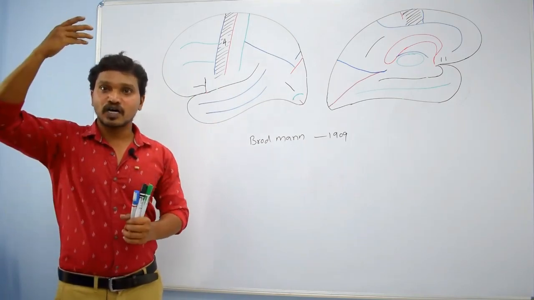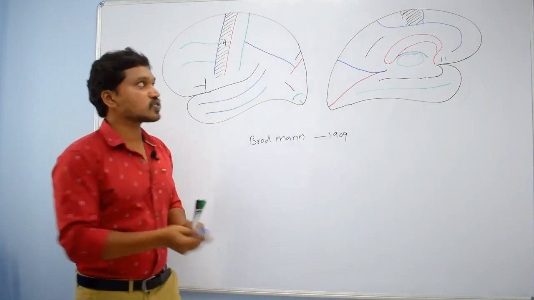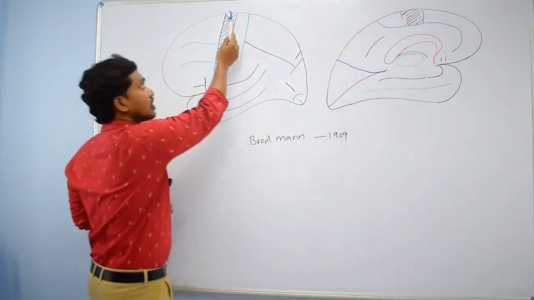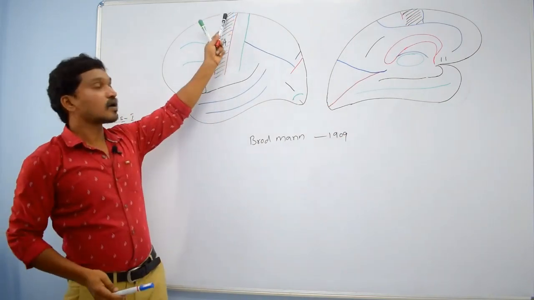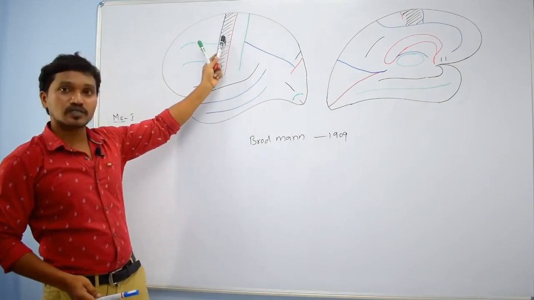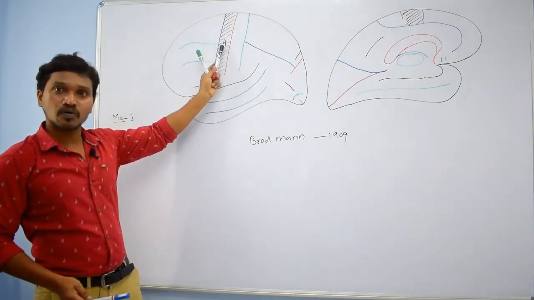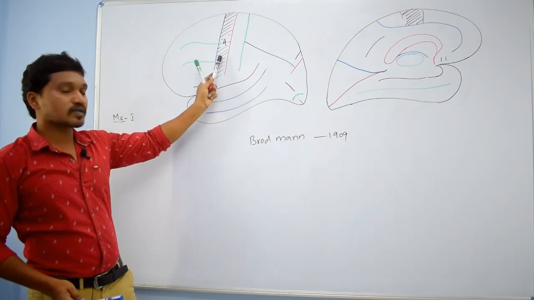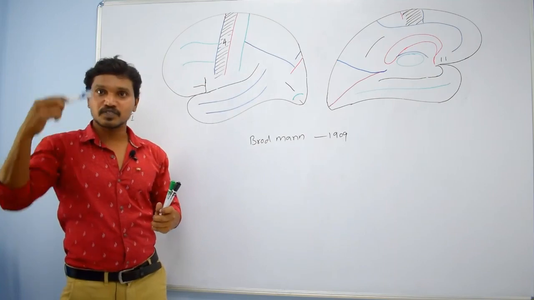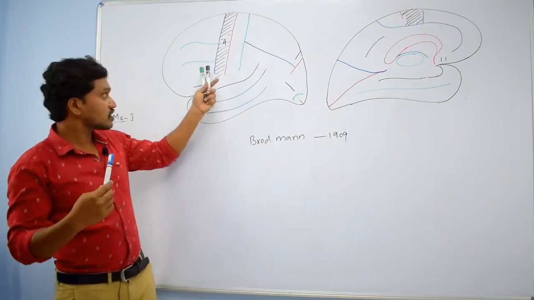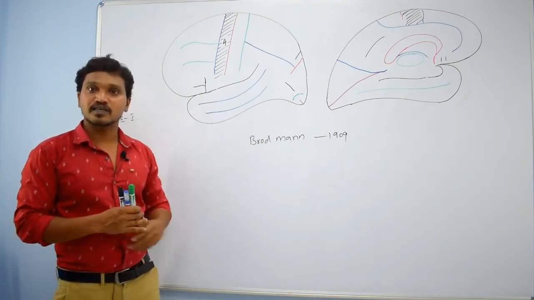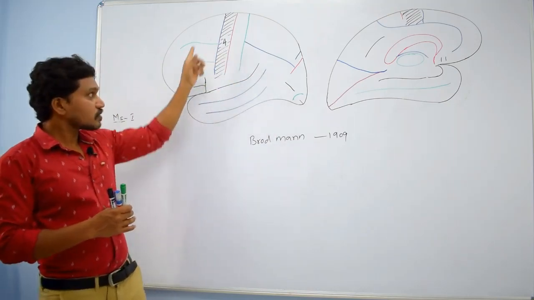Upside down: first toes here, then ankle, knee, then hip, trunk, next shoulders, elbow, then hand, fingers, next head, that means face, next tongue, after that larynx. So the representation will be upside down.